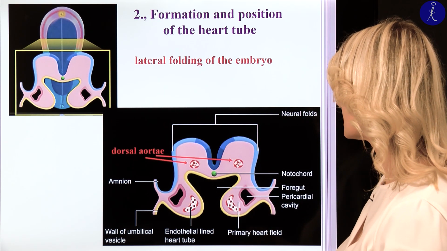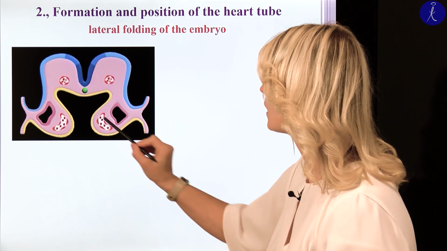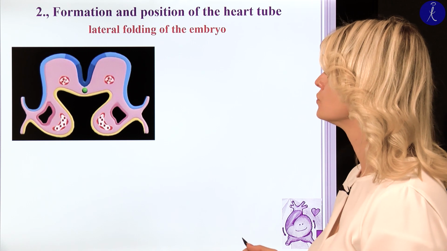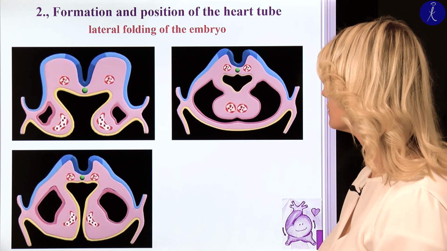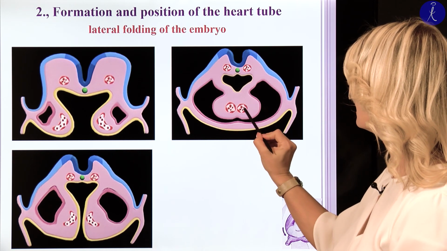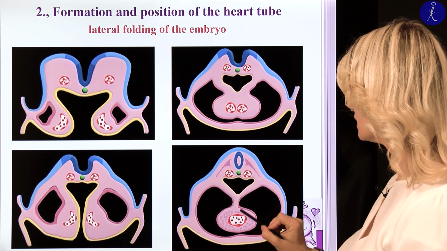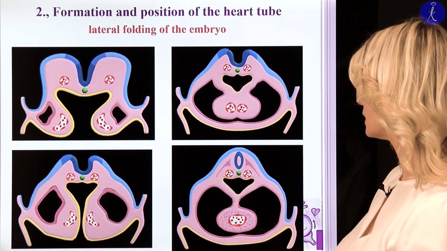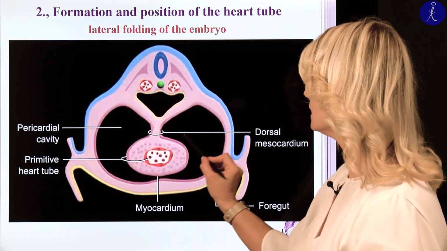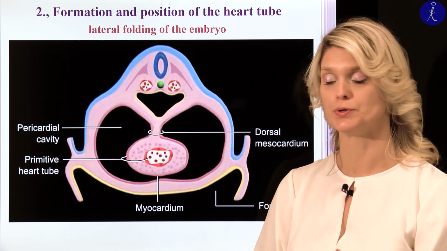So here you can see the steps, the dorsal aorta, what I told you. The two parts of the horseshoe-shaped cardiogenic field will be closer to each other. And finally, they will fuse. And here you can see the fusion of it. Here the primitive gut behind. This is the primitive heart tube.